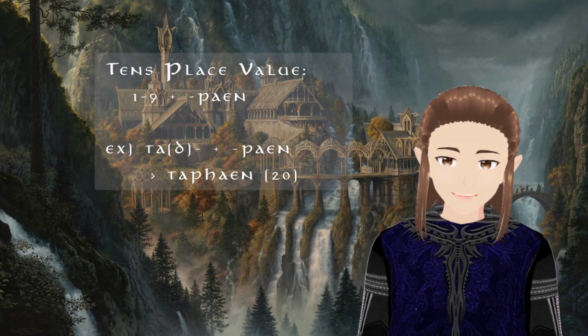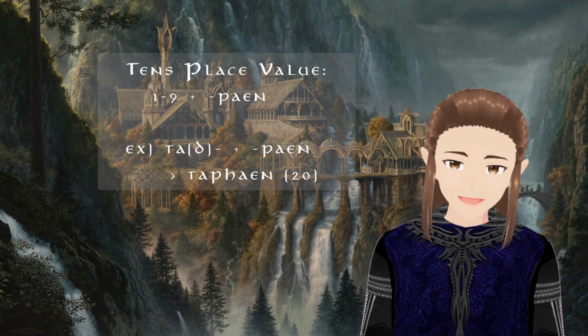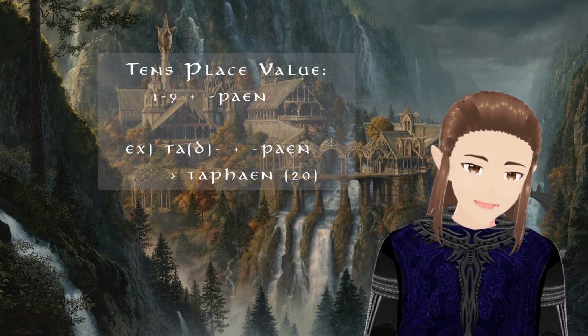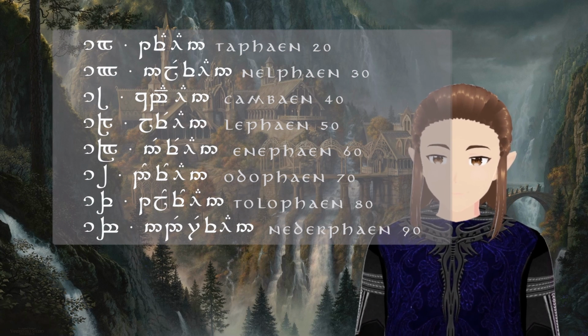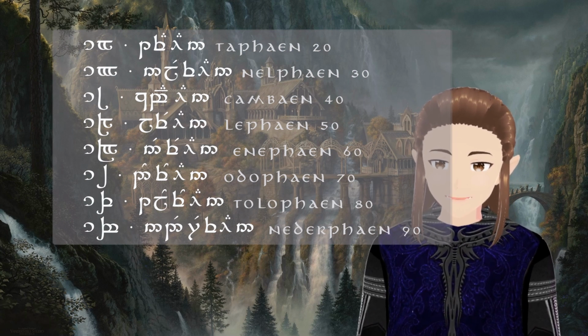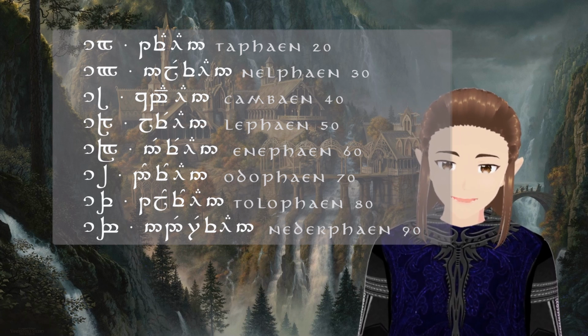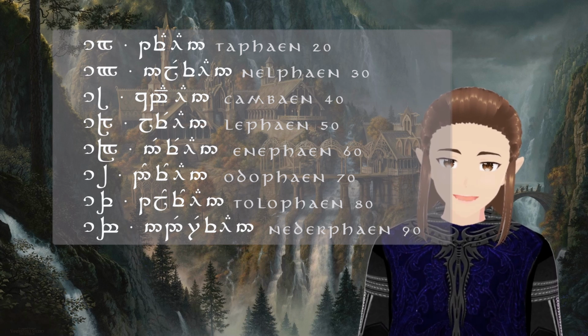For the tens place value numbers, they are essentially the numbers 1 through 9 combined with the compound form of 10, pain. Let's take a look at the word for each multiple of 10 from 20 through 90. Tavain, Nelvain, Kambain, Levain, Enevain, Odovain, Tolovain, Nedervain.